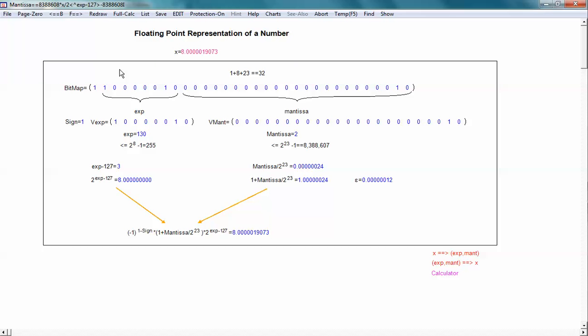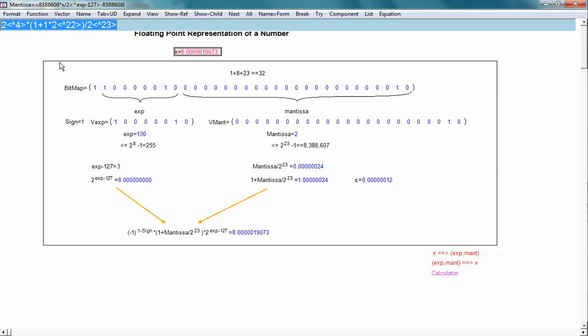And that didn't do it. So we've got to think about that for a second. Okay, yeah, here's my problem. I don't want to divide. Now this division by 2 to the 23rd is just for the mantissa, not the 1. So I don't want to divide the 1 by this.